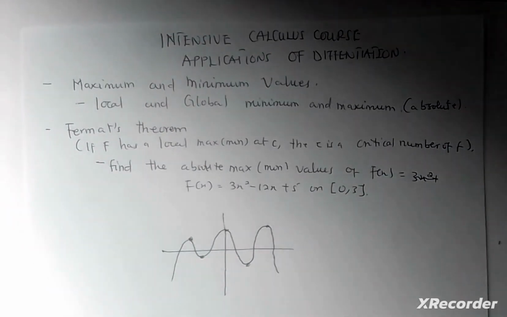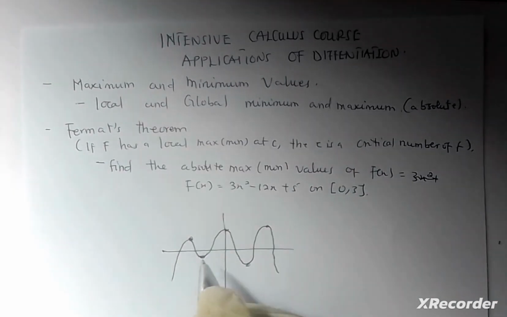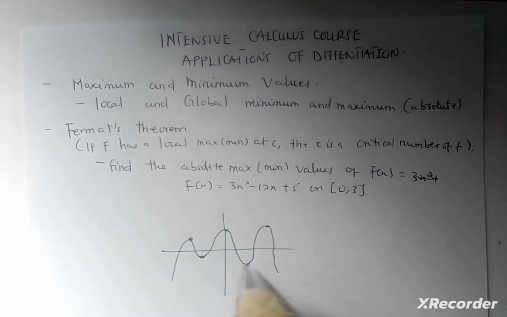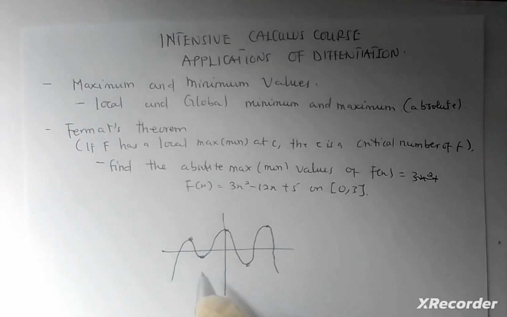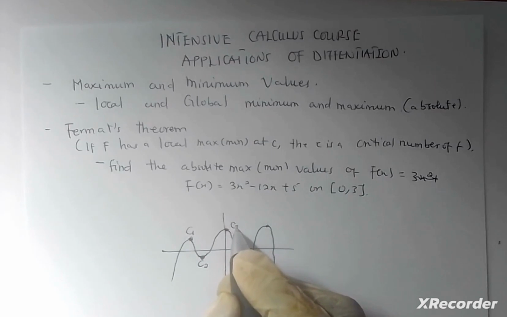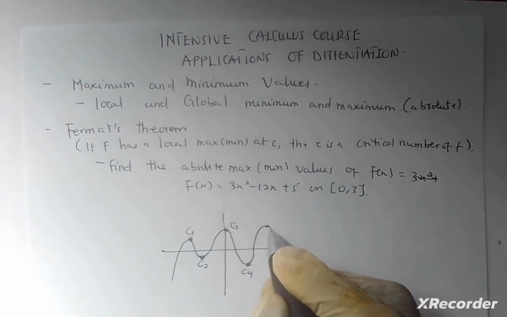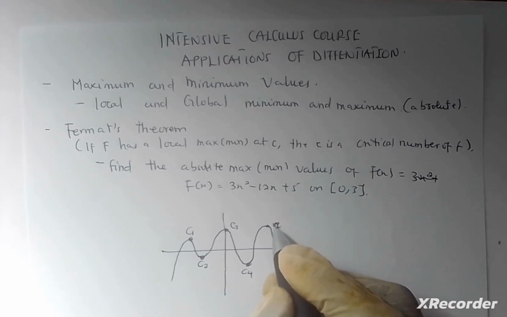But if it's down like this, below the rest of its neighborhood, then we say that it is a minimum value. So this is a minimum critical point C2, this is C1. When you come here, you get a maximum critical point C3. Then at this point, you get a minimum critical point C4. Then finally, a maximum critical point C5.